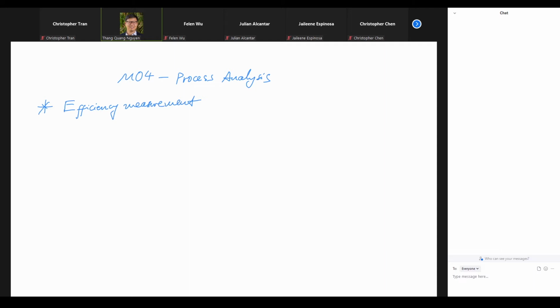And in this case, we just focus on the labor efficiency, okay? So our example is on slide 45. It is another hand car wash process.